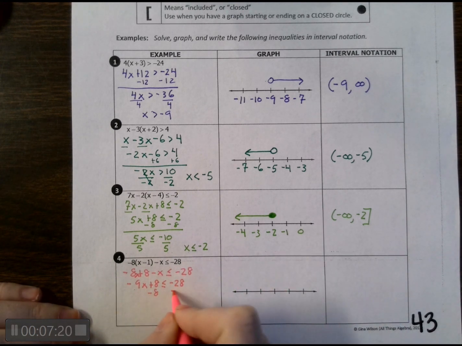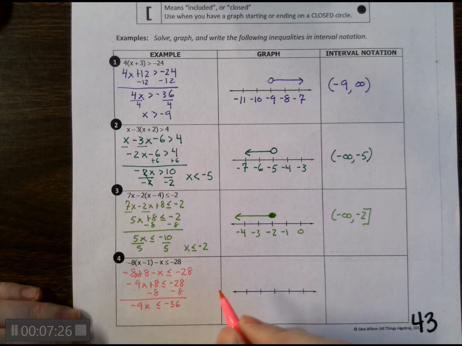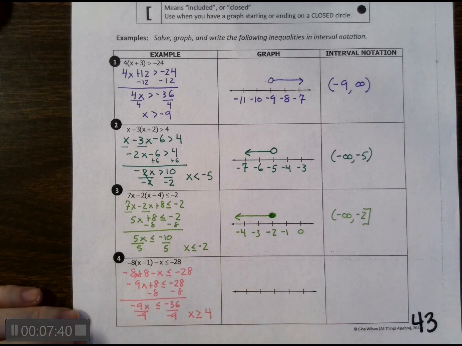Subtract 8 from both sides. Divide by negative 9. And this time, since we're dividing by a negative, this is going to flip. Okay? Alright.